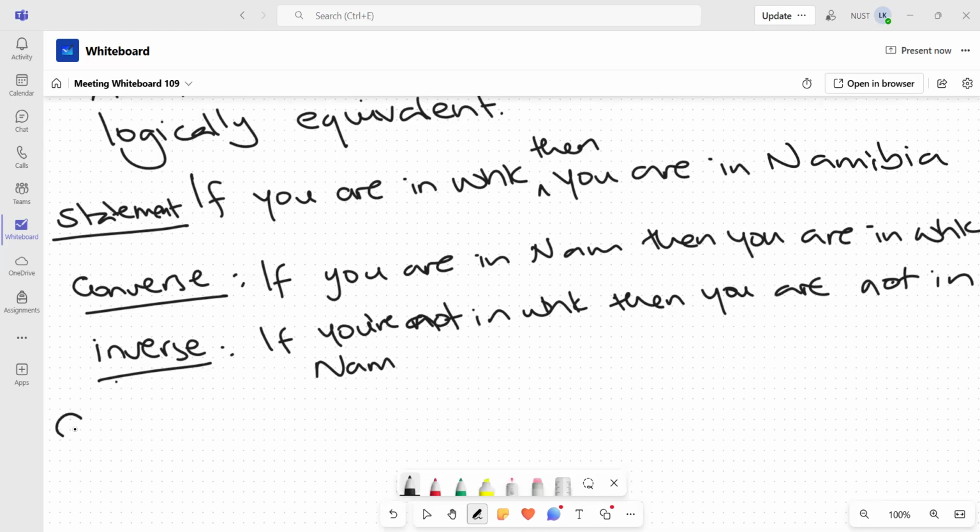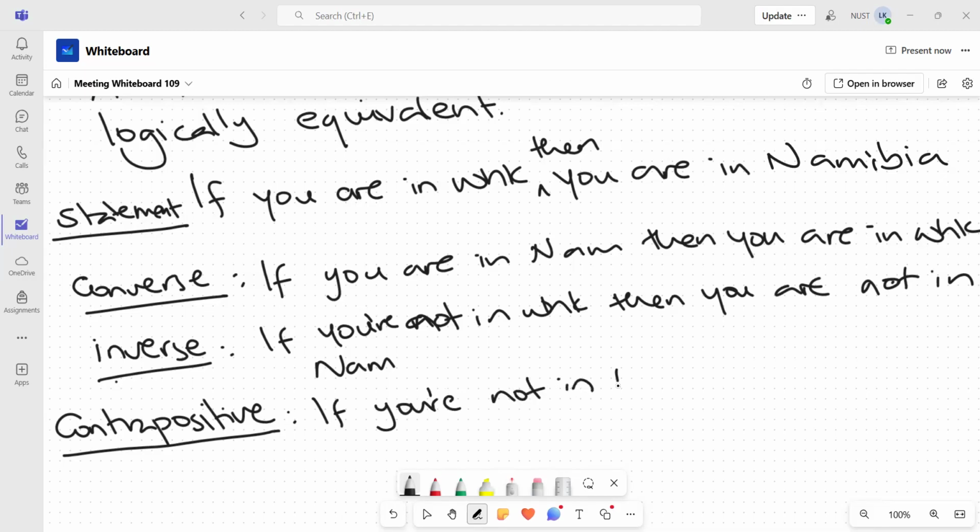Okay, and then the contrapositive is: if you are not in Namibia, then you are not in Windhoek.